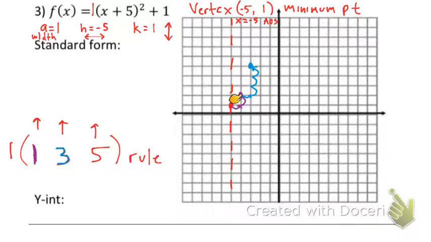Okay, so again, over 1 for the second time, up 3. That's the 3 rule. And then lastly, I'm going to go over 1 again. And that means when we go over 1 for the third time, we're going up 5. So over 1, up 5. 1, 2, 3, 4, 5. And that is my final dot. And if you look, I have a nice parabola which I'm going to put in black.